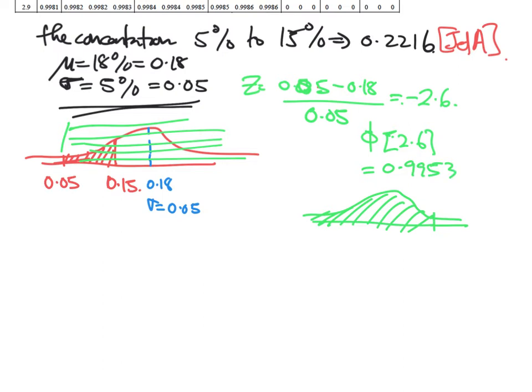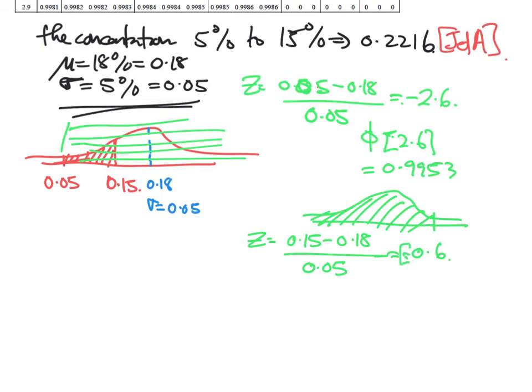Now let's find out the area for the z-score for 0.15. 0.15 minus 0.18, and then divide this by 0.05, and using your calculator you should get negative 0.6.